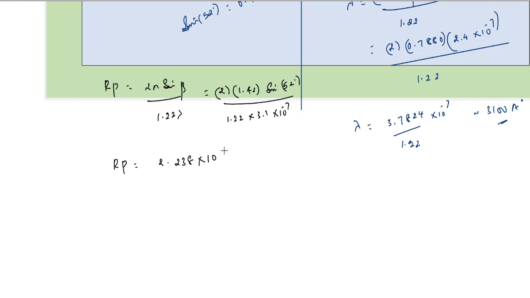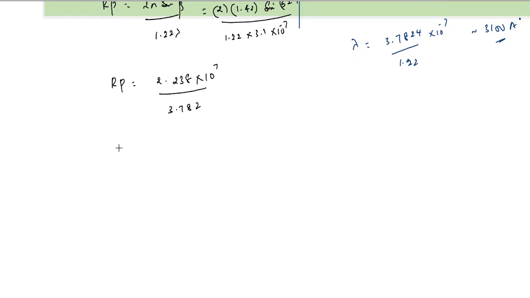This becomes 10 power 7 in the numerator by 1.22 into 3.1, which is 3.782. Resolving power is equal to 0.592 into 10 power 7 per meter, or we can write this as resolving power is equal to 5.92 into 10 power 6 per meter. So this is the required answer.